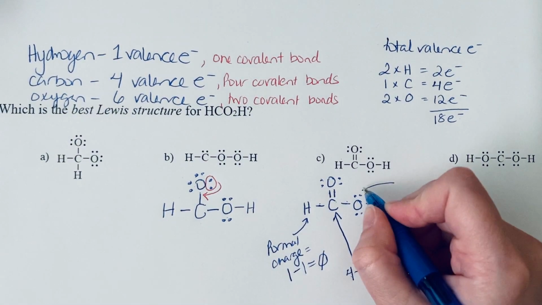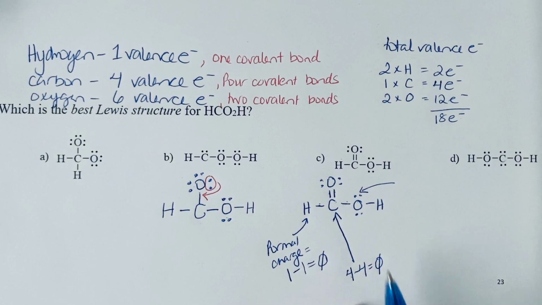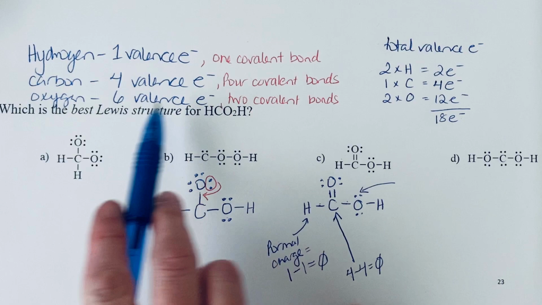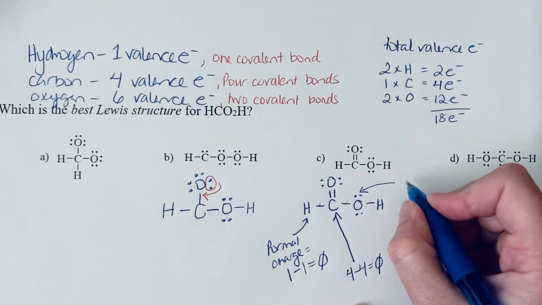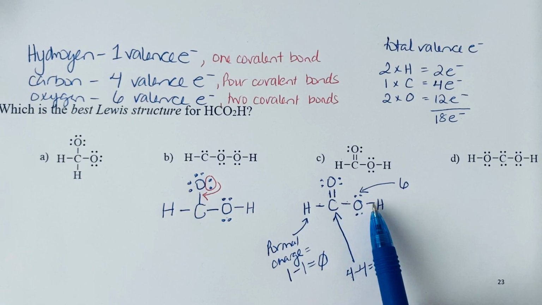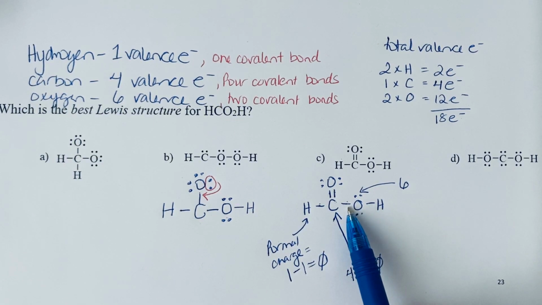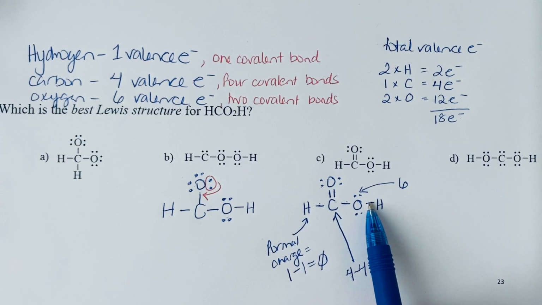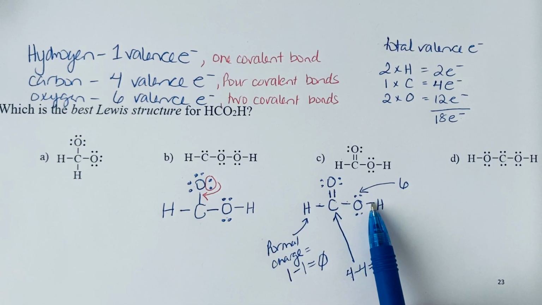And then we can do the same thing for the oxygen atoms. So if we're looking at the oxygen, the valence number for oxygen is 6, right? That's how many valence electrons it has. And then if we count the electrons that belong to the oxygen in this structure, we have these 2 covalent bonds. From each covalent bond, 1 electron belongs to oxygen, the other belongs to its bonding partner. So we have 1, 2. And then lone electrons are not shared.